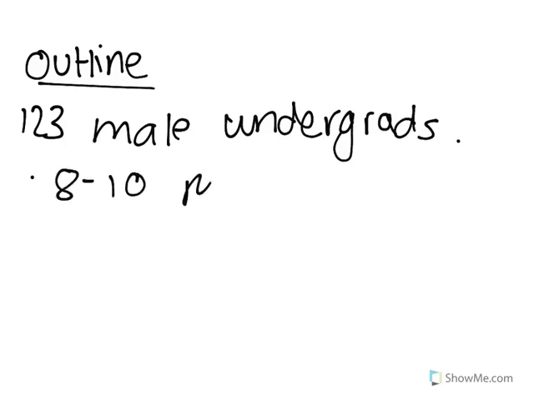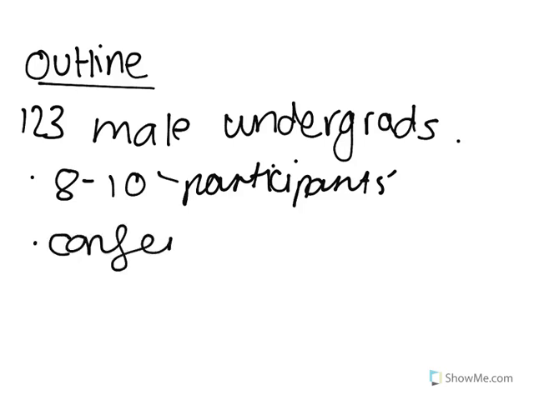Participants in speech marks, because only one of them was an actual participant. The rest were Confederates, because they knew the real aim. So Confederate equals knows aim.